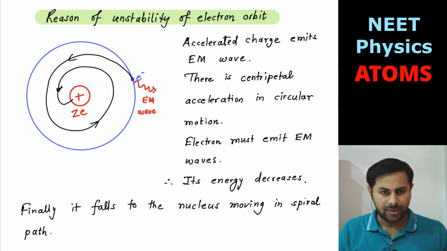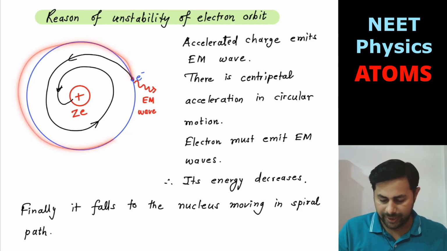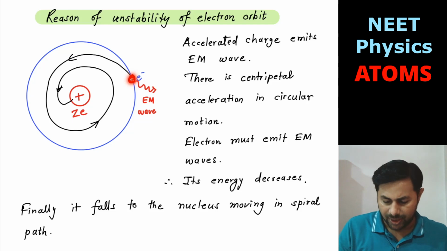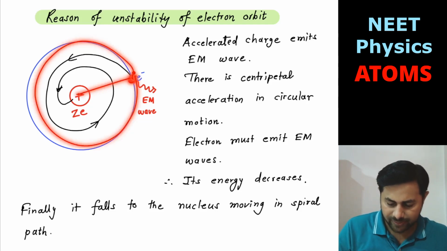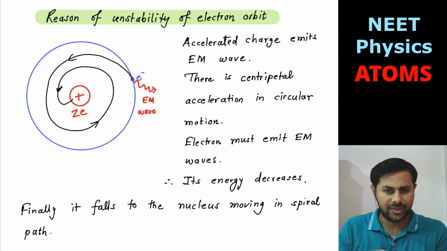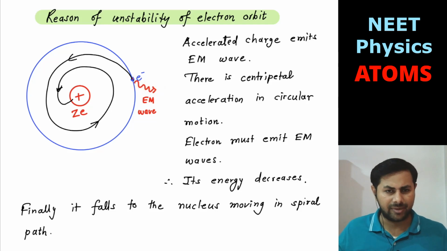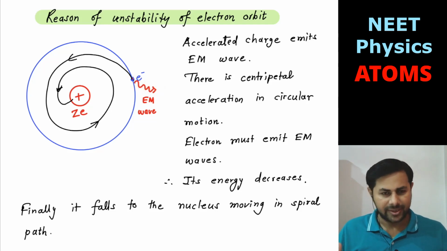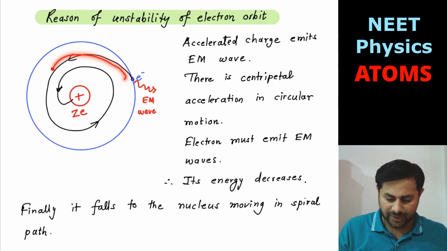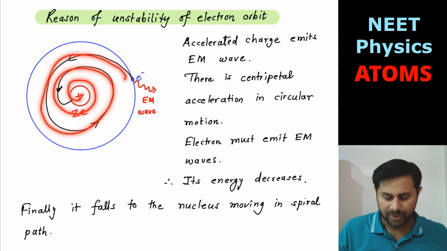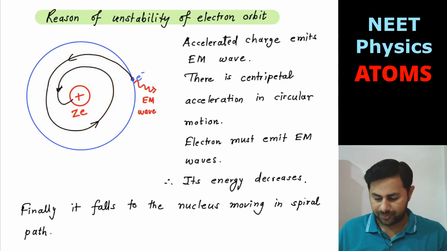Its energy will decrease, okay. Now the electron needs a certain amount of energy to revolve at this distance. If its energy decreases, then its distance would decrease, right? Why would its energy decrease? Because it is emitting electromagnetic waves which contain some amount of energy. So its radius decreases and ultimately it will fall to the center. Okay, so this is the reason for instability of the electron orbit.